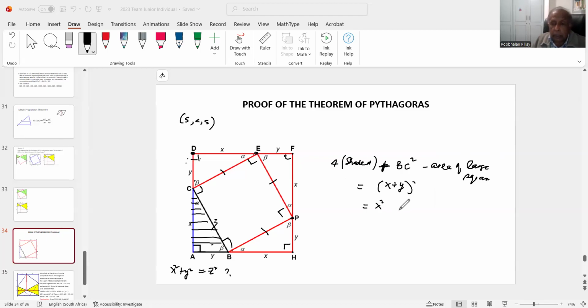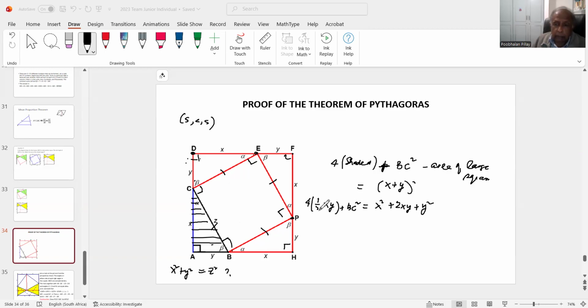This is x squared plus 2xy plus y squared. It's the square of a binomial. But what is the shaded area? The shaded area is the right angle triangle, and the two sides are x and y. So the area of that shaded part on the left-hand side is half base times height plus BC squared.